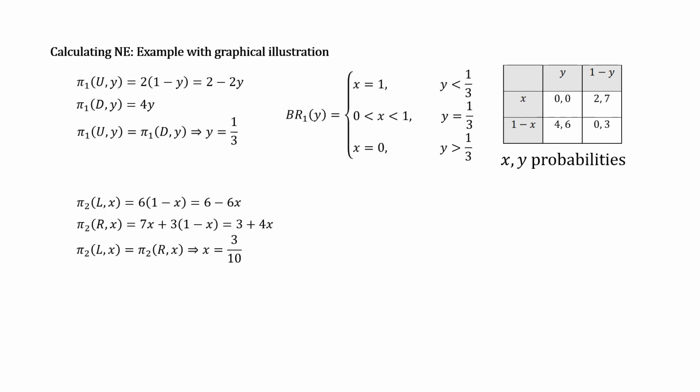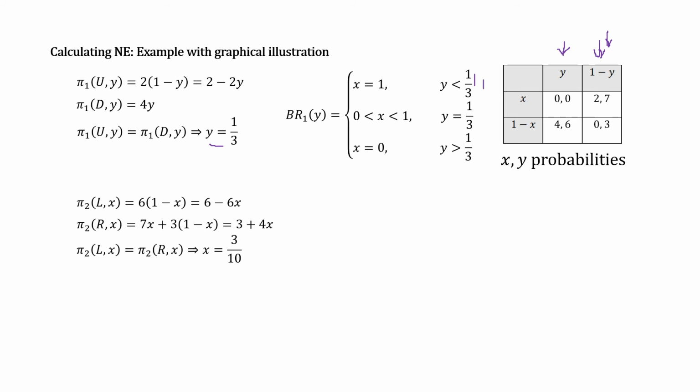So the Nash equilibrium is when y is 1/3, so that the left action is picked with a probability of 1/3 and the right action with a probability of 2/3. Now let's look at agent 1's payoffs. Suppose y is less than 1/3, in other words, agent 2 is picking right more often than at Nash equilibrium.